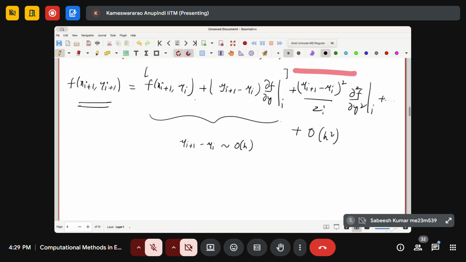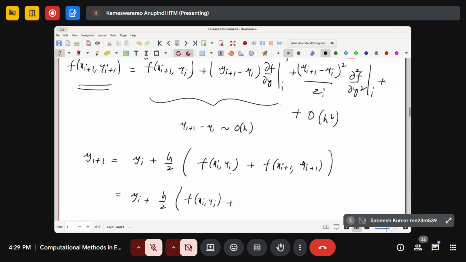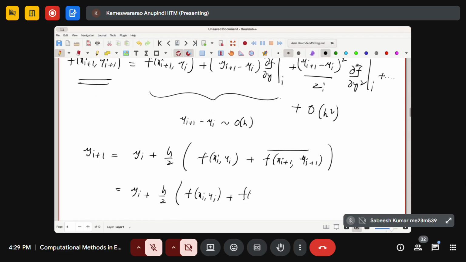So I'm going to substitute these two terms instead of f of x_{i+1}, y_{i+1} back into the equation. My equation for the trapezoidal method was y_{i+1} equals y_i plus h by 2 times f of x_i, y_i plus f of x_{i+1}, y_{i+1}. Then I have y_i plus h by 2 f of x_i, y_i plus, for this I'm going to write f of x_i, y_i plus y_{i+1} minus y_i times partial f by partial y at i.